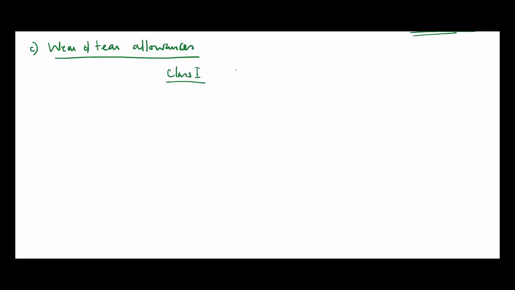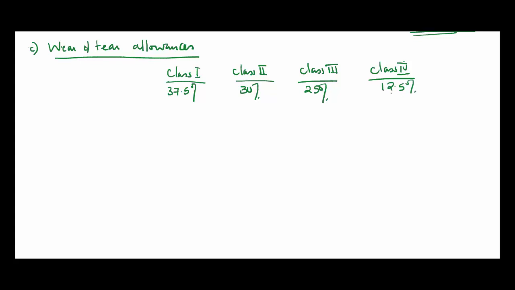So class 1, class 2, class 3, and class 4. Now class 1 is at 37.5, 30, 25, and 12.5.